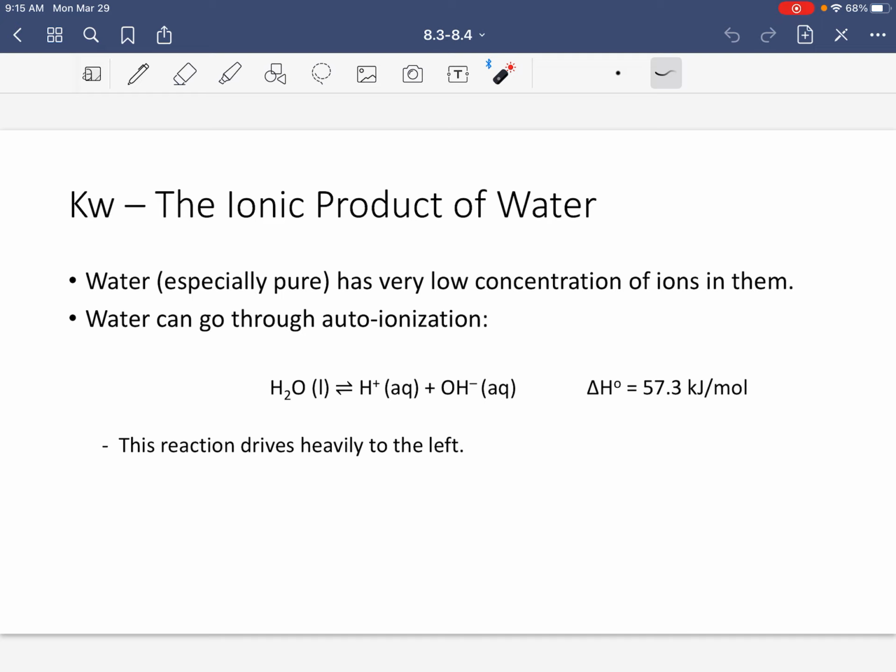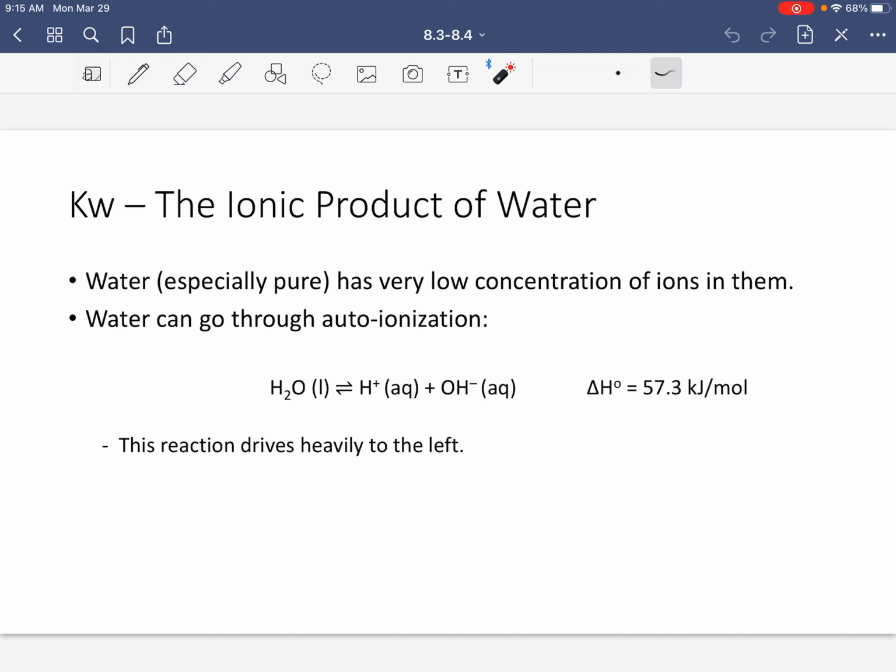Weak acids and weak bases have K values because they don't dissociate completely. At equilibrium, you'll see more reactants than products. There's a reason why they're weak: they don't generate that many H+.